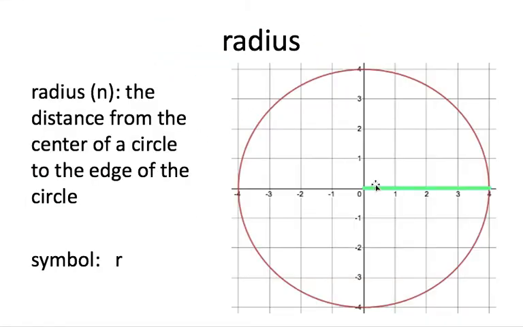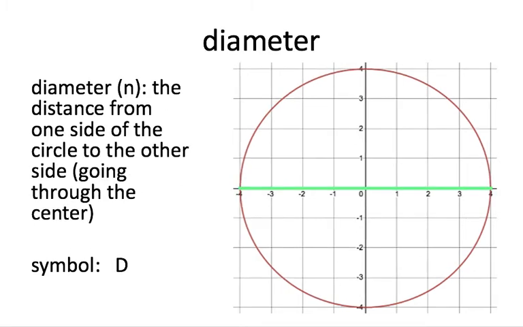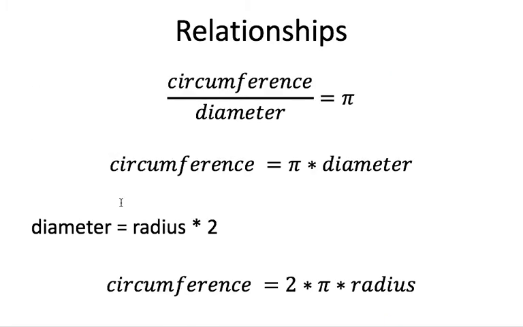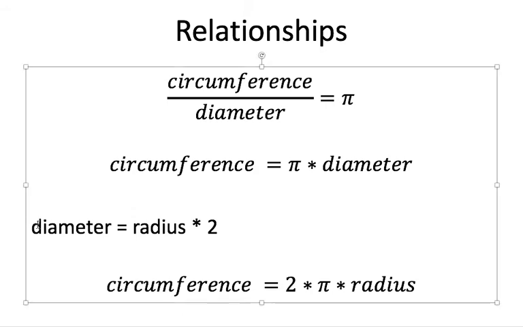Because radius is defined as from the center to the side, and diameter is defined as one side all the way to the other side, but through the middle, as you can sort of tell, your diameter is twice as big as your radius. So diameter is equal to radius times 2.